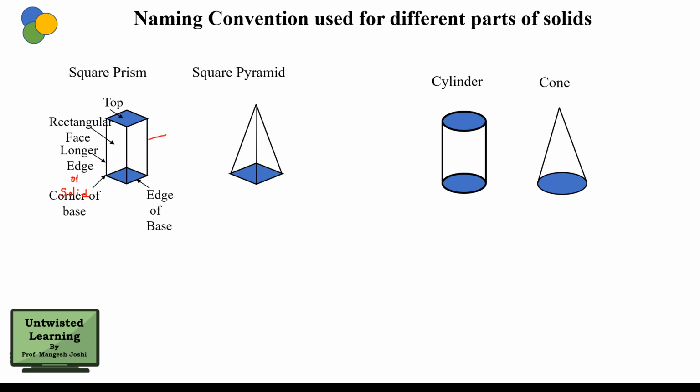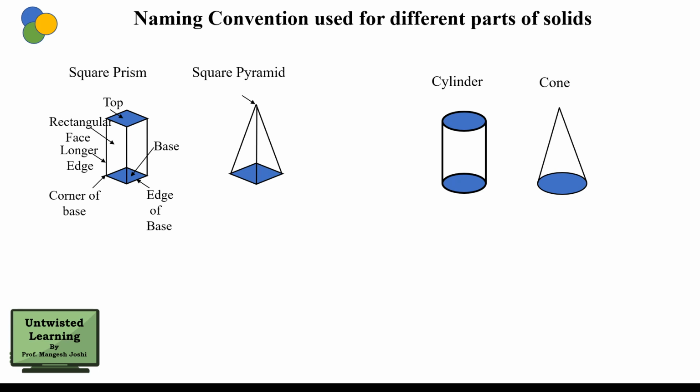Remember, this is called the edge of the solid, this is the edge of the base, and this is the edge of the top. In the problem you have to read what condition is given with reference to which edge, whether it is the edge of the top, the edge of the solid, or the edge of the base. You have to correctly identify what is given. So this is the base.